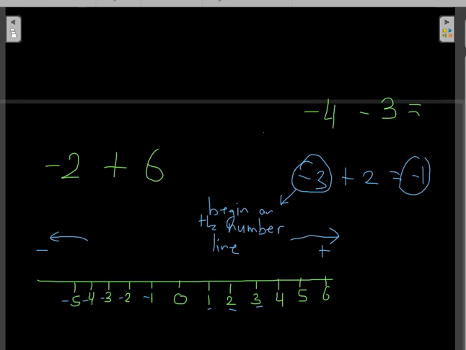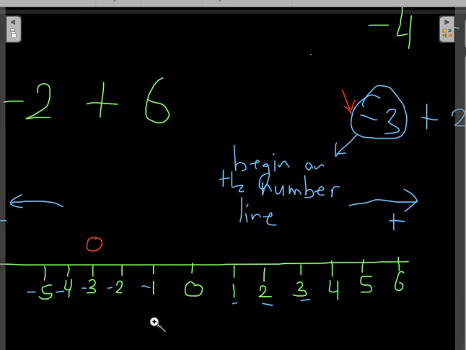Okay, let's use red, I believe. So remember the first number tells us where to begin on the number line. So it says to begin on negative 3. Let me just zoom in a little bit.